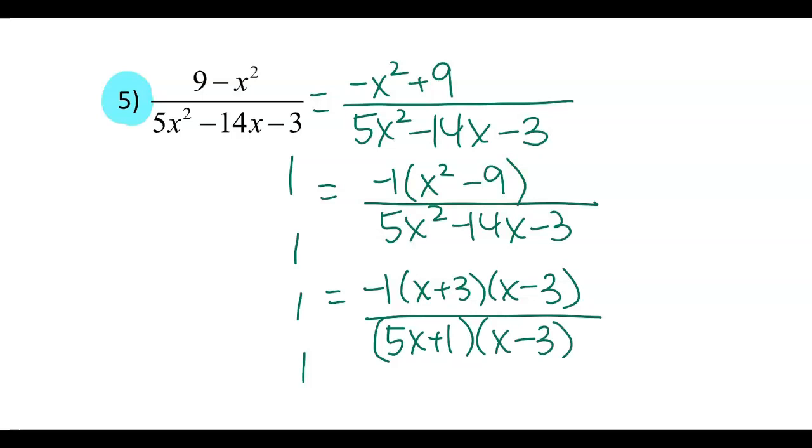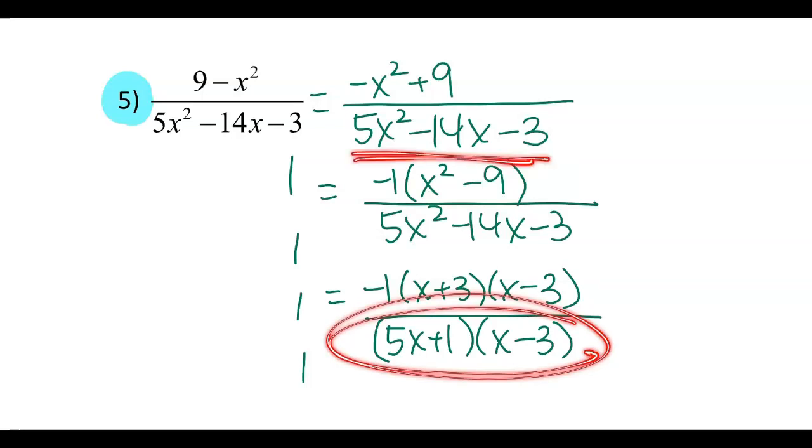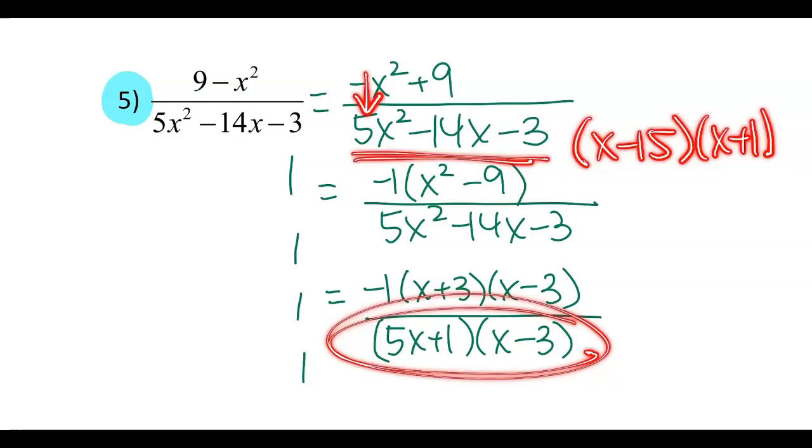Especially for this one, guys, I already saw a couple people who messed this up a bit. When you're factoring this denominator, especially from the original, you cannot just rewrite the two binomials that you have as x minus 15 and x plus 1. Yes, they'll add up to negative 14, but your leading coefficient is something other than 1. So you can't just rewrite it as two binomials because you don't like it.